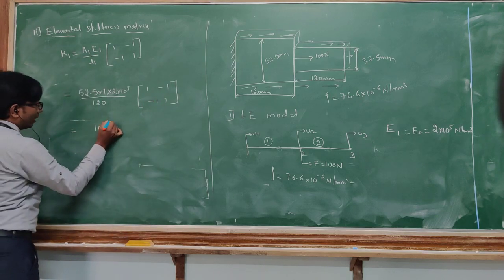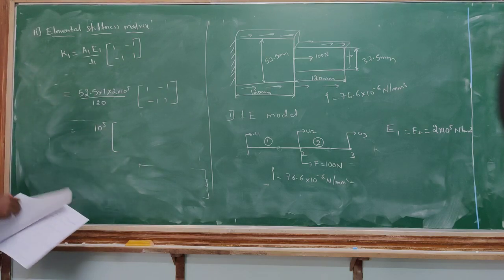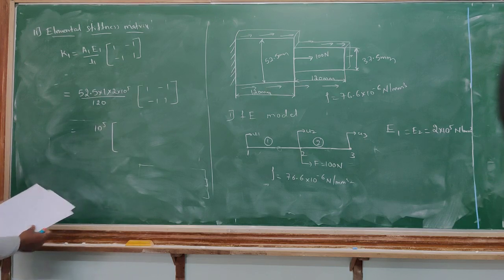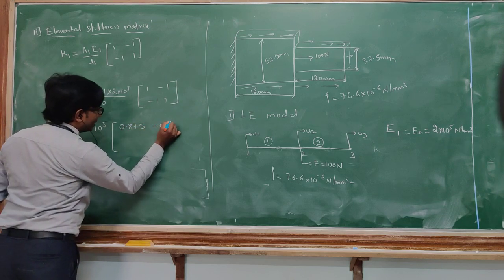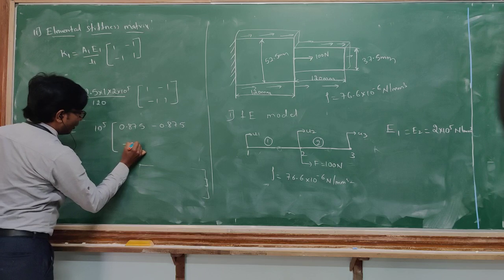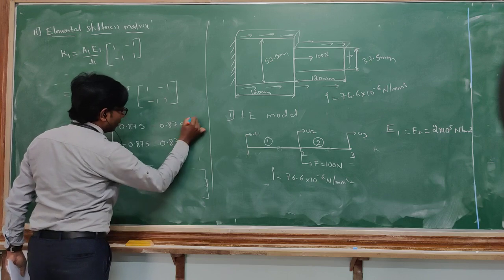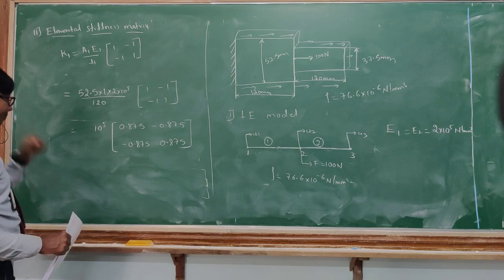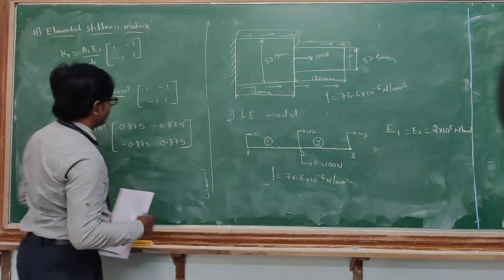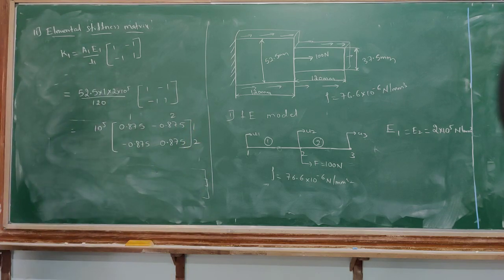If I take 10 raised to 5 outside, I get 0.875, minus 0.875, minus 0.875 and 0.875. Now you have to do the node numbering for this. This will be the first node, this will be second, this will be first and this will be second. So you have calculated the first elemental stiffness matrix.